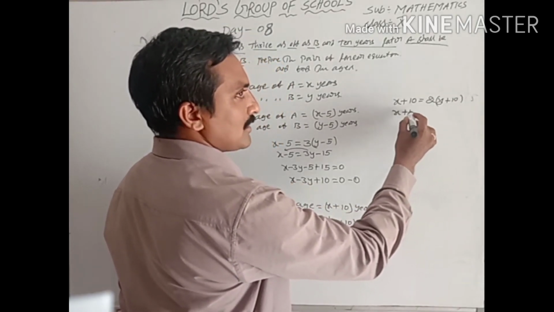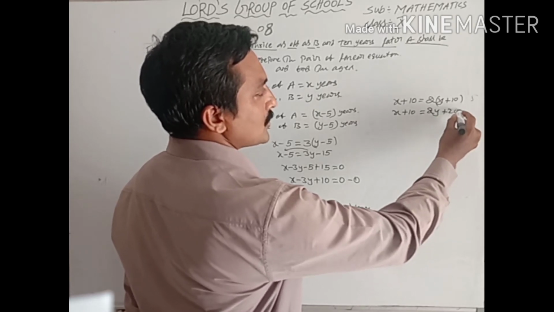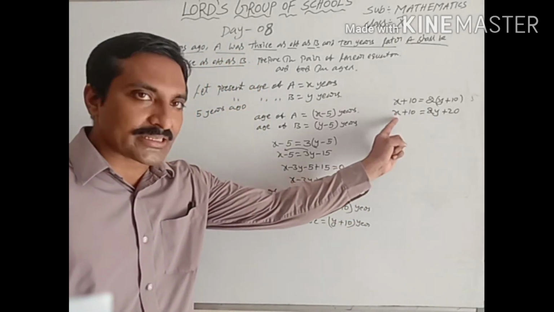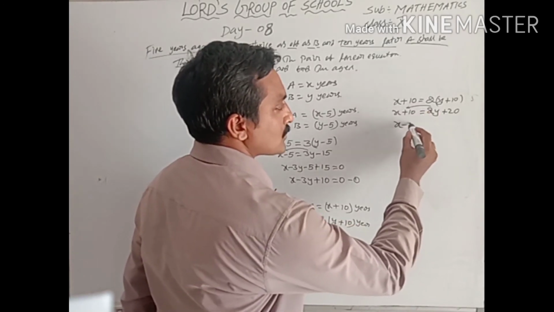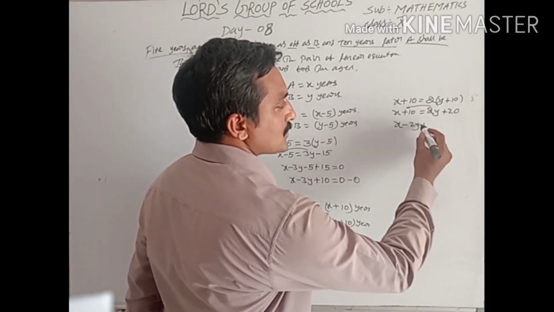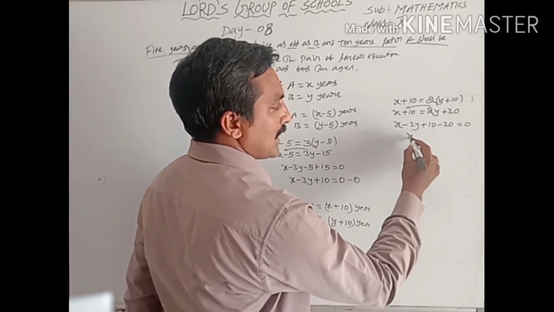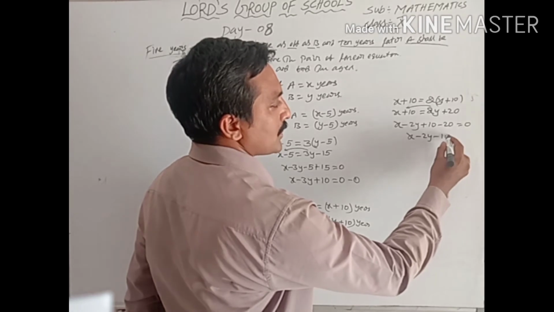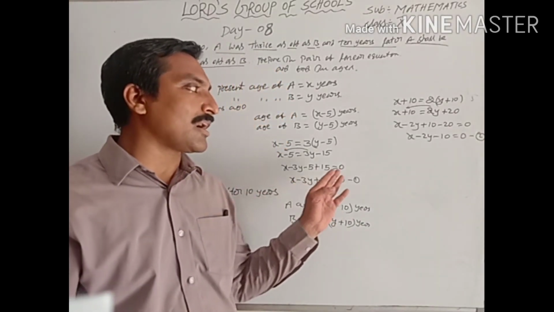X plus 10 is equal to 2y plus 20. X, transposing 2y here, minus 2y plus 10 minus 20 is equal to 0. X minus 2y minus 10 is equal to 0. These two are the pair of linear equations.